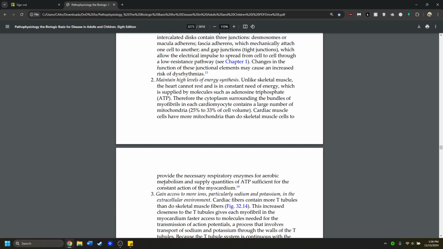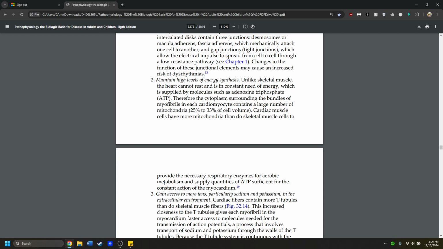They also maintain a high level of energy synthesis. Unlike your skeletal muscle, the heart cannot rest and is in constant need of energy, which is supplied by molecules such as adenosine triphosphate, or ATP. Therefore, the cytoplasm surrounding the bundles of myofibrils in each cardiomyocyte contains a large number of mitochondria, about 25 to 33% of the cell volume.